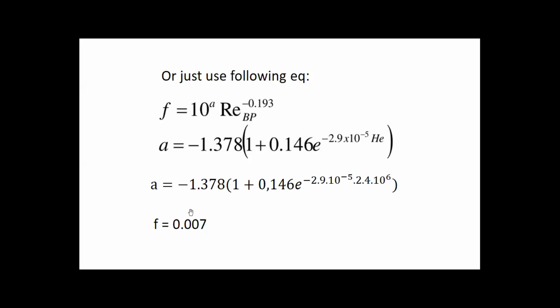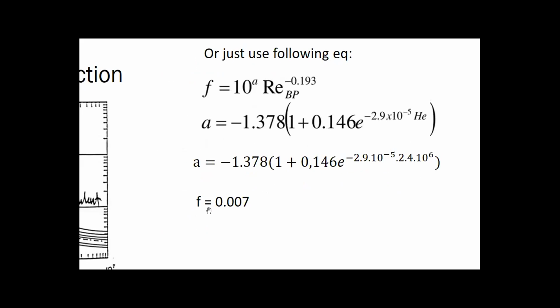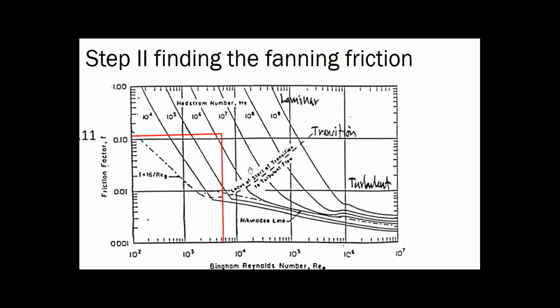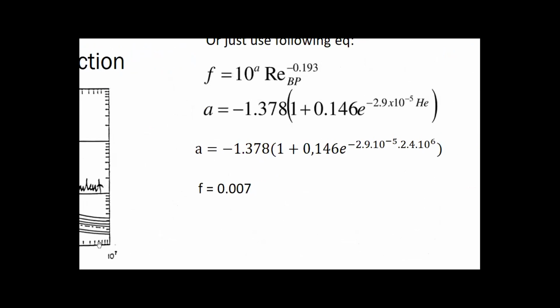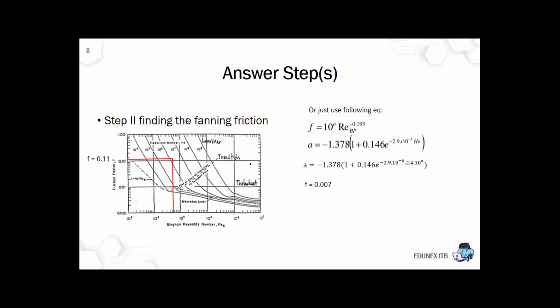Then you can get the Fanning factor. The Fanning factor from this calculation is 0.007, and from the chart it is 0.11. So we have around a 40% difference. Anyway, any approach will cause a certain amount of error.